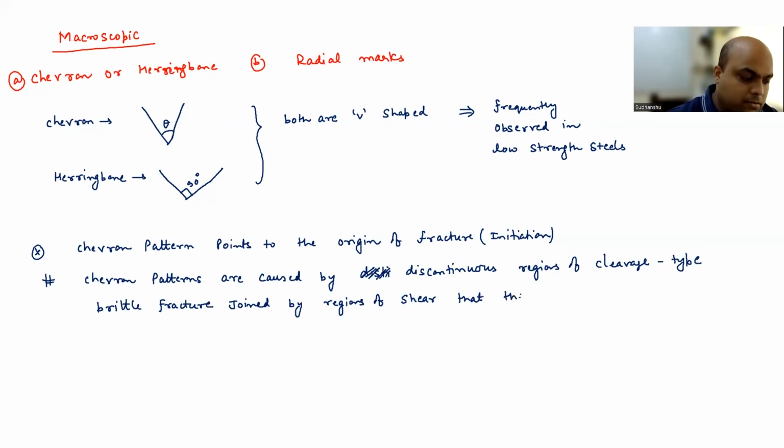The chevron features are regions between cleavage and shear zones.